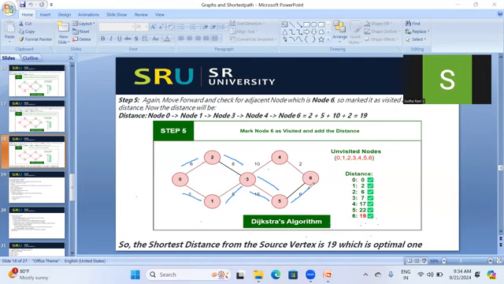This is one possibility. And path number 2 has 2 to 3, and 3 to 4, 4 to 6. Now let us check what values we get.